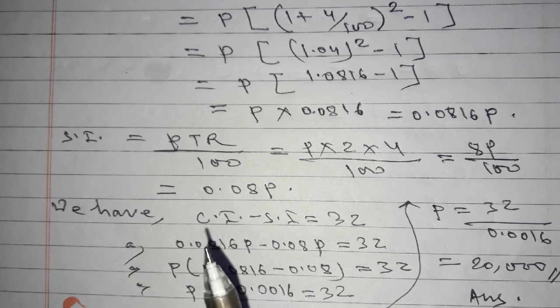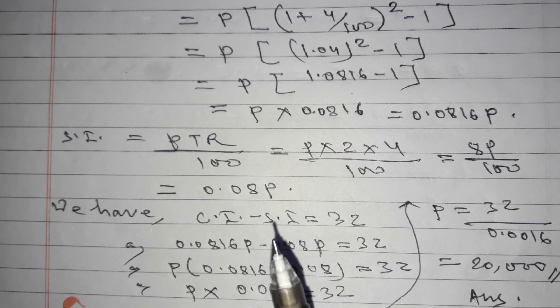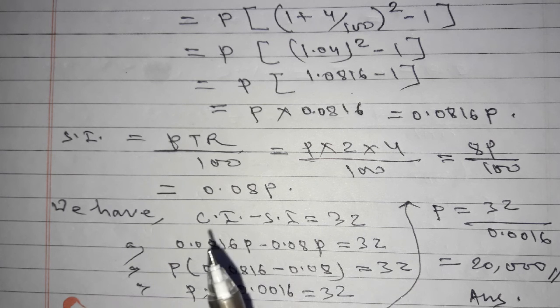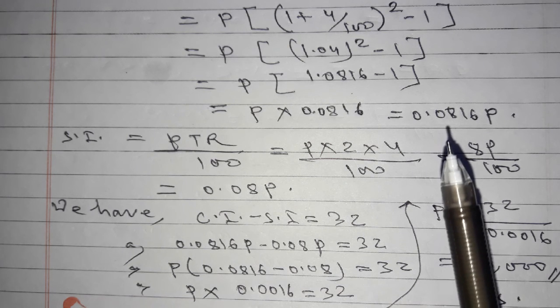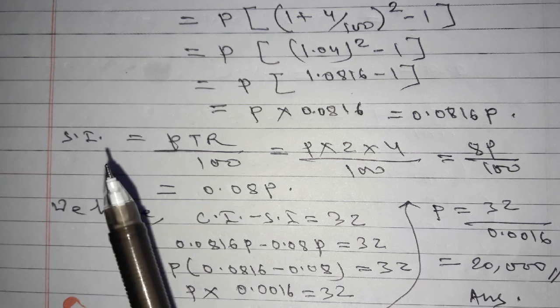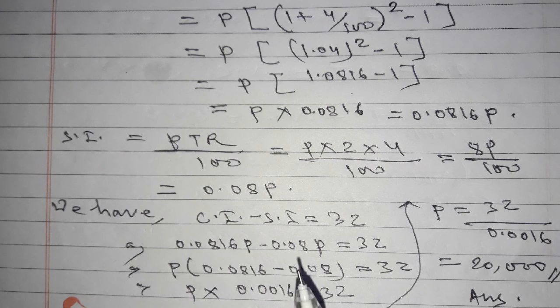That means CI minus SI is 32, so 0.0816P minus 0.08P equals 32.